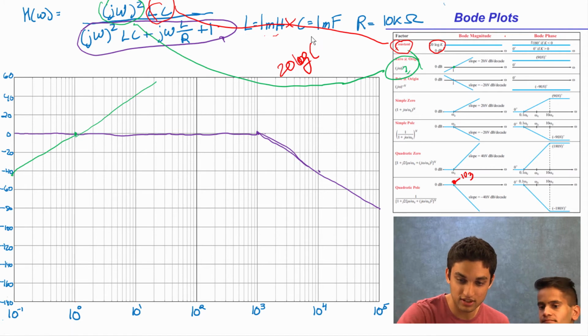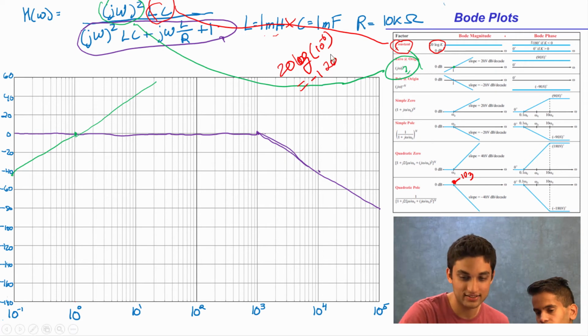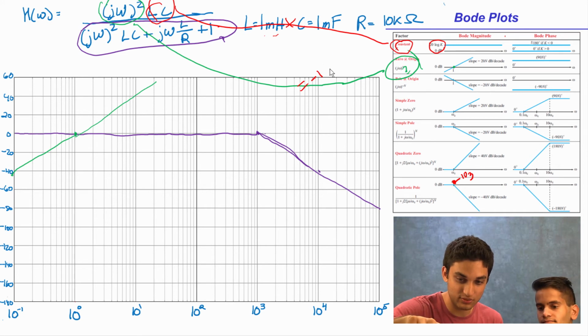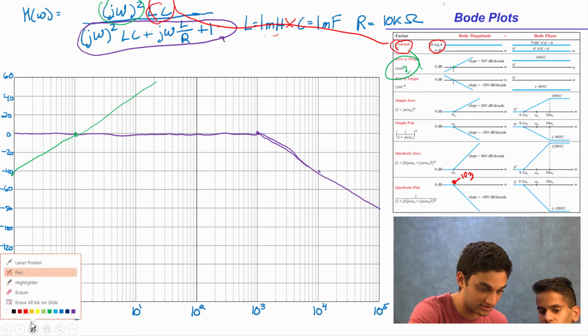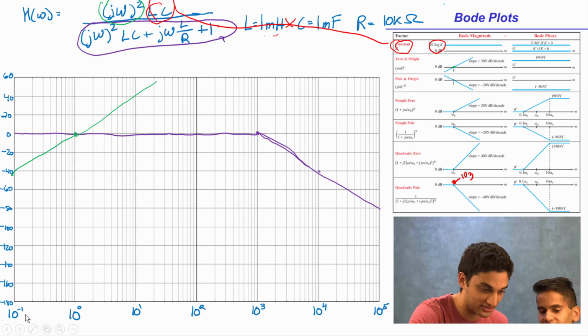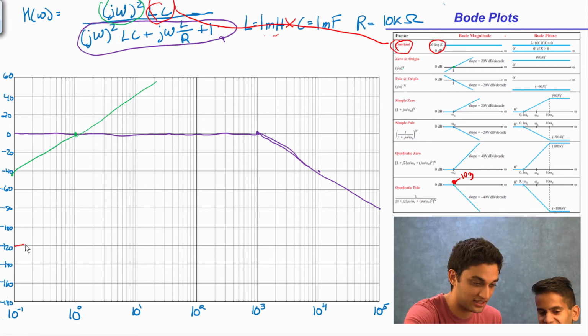So it's 20 log 10 to the minus 6, which is equal to minus 120. Cool. So you know that it's at negative 120. Oops, I didn't mean to erase that one. Let's just erase it. It's not important anymore. So we're going to draw a constant term at negative 120.